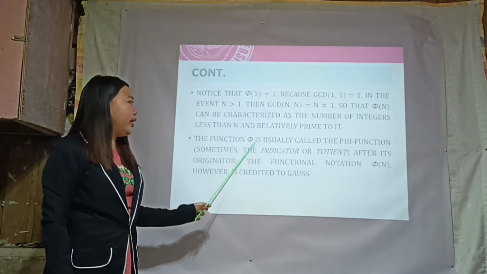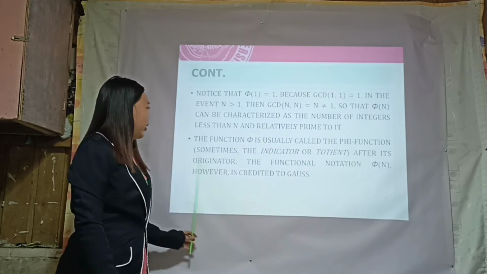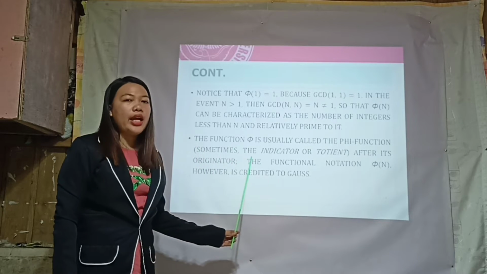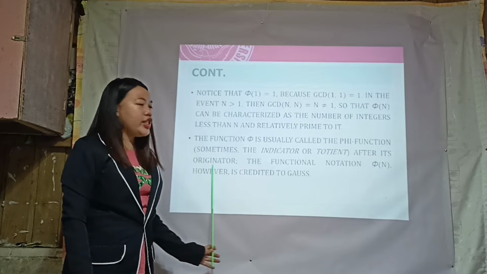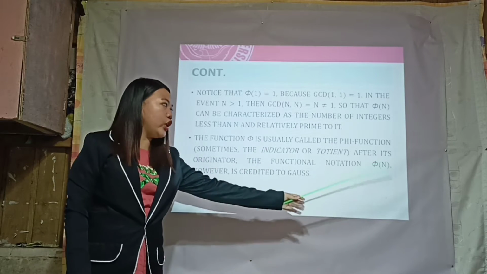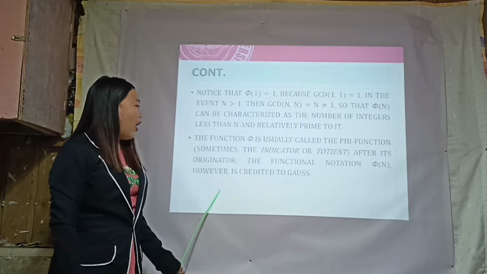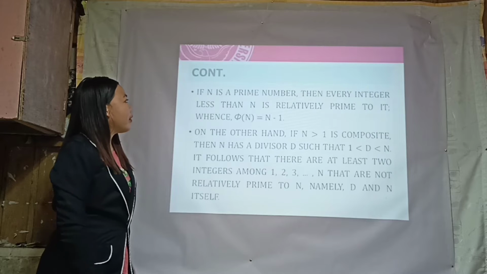The function phi is usually called the phi function, sometimes the indicator or totient after its originator. The functional notation phi of n, however, is credited to Gauss.